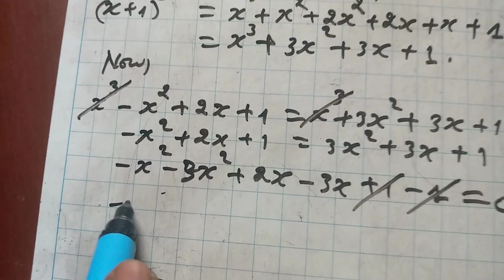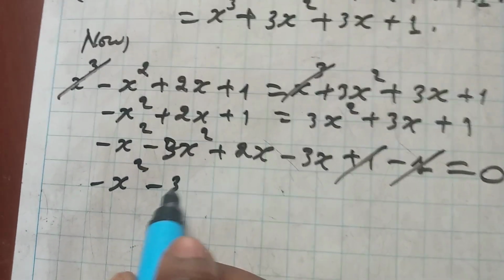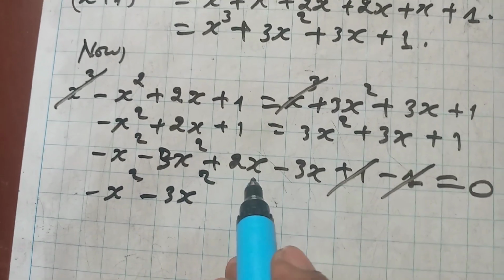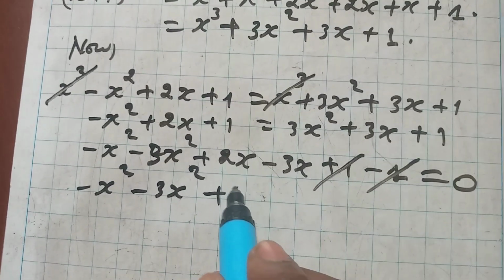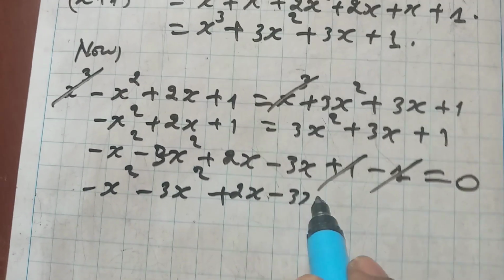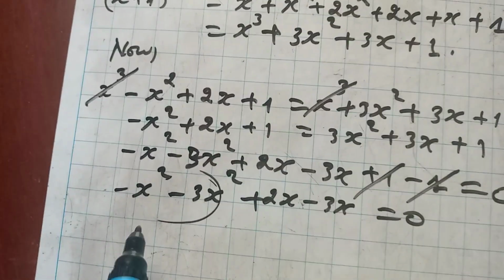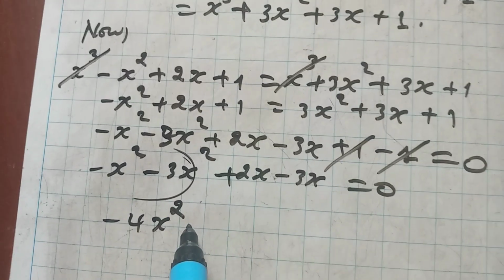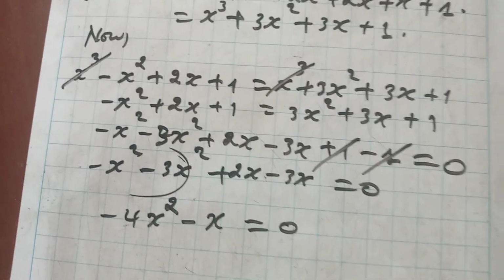Now it is equal to negative x squared minus 3x squared, then plus 2x minus 3x, which is equal to, now I have to combine this one also to have negative 4x squared, then minus 1x, which is equal to 0.